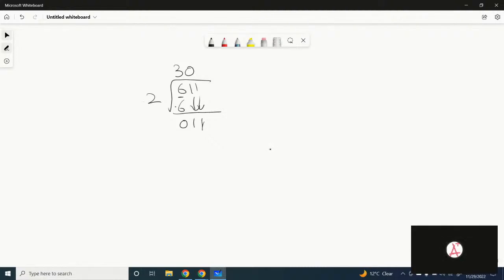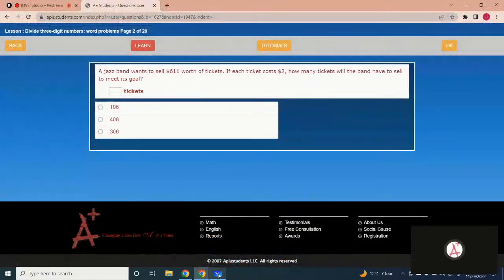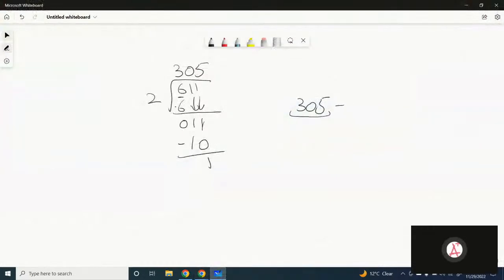Now you can count the table of 2 until 11. Got it? We can go for 2 times 5. 2 times 5 is 10. Got it? So 11 subtract 10 is 1. That means they can sell 305 tickets, but they are left with just $1. So for the one you have to add one.